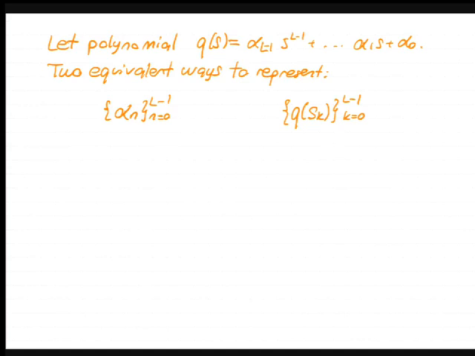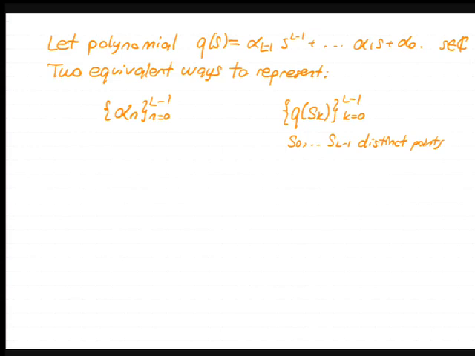As long as those samples S sub k are distinct from each other, you have enough information to reconstruct your polynomial. So S 0 to S L minus 1, distinct points. Let's say this is a polynomial of complex numbers, just to be most general. So you have selected distinct points in the complex plane, and you represent your polynomial this way, or take real, doesn't matter.